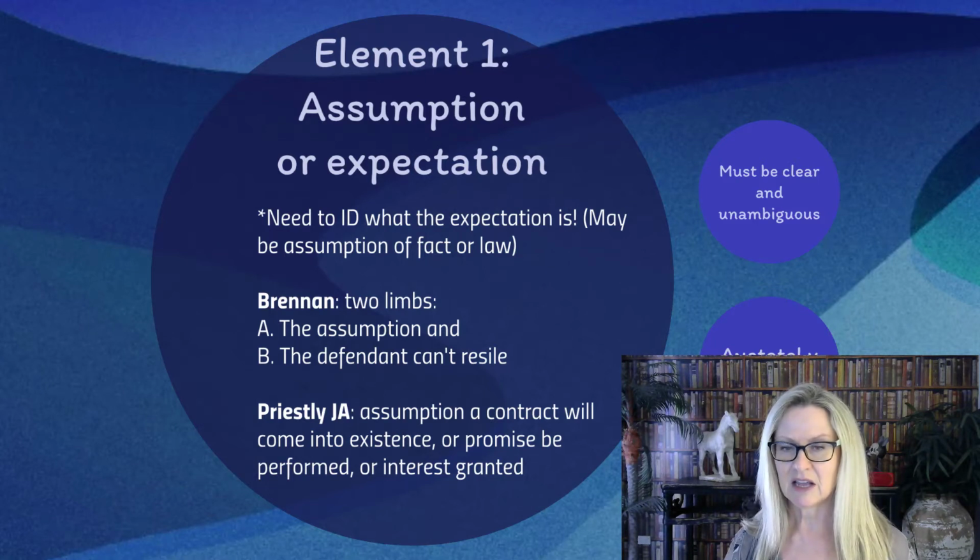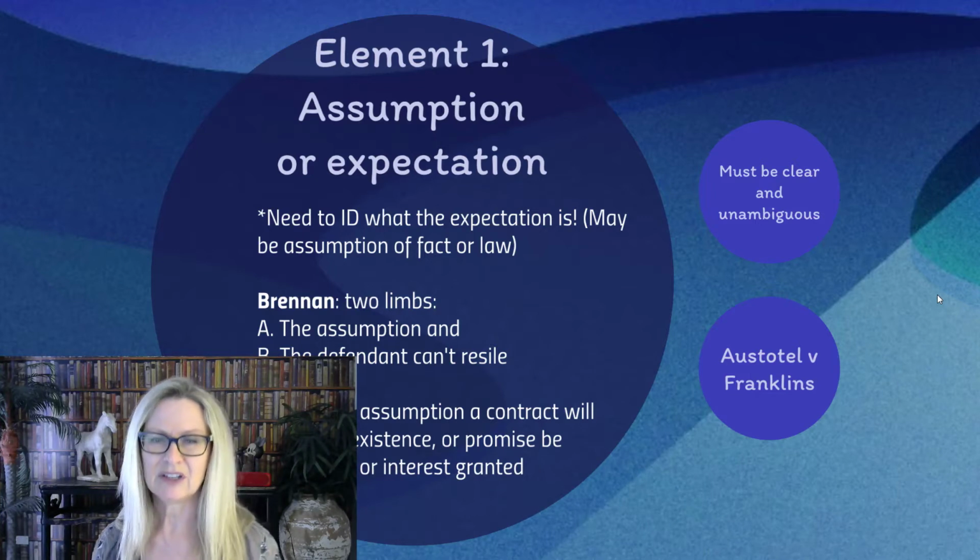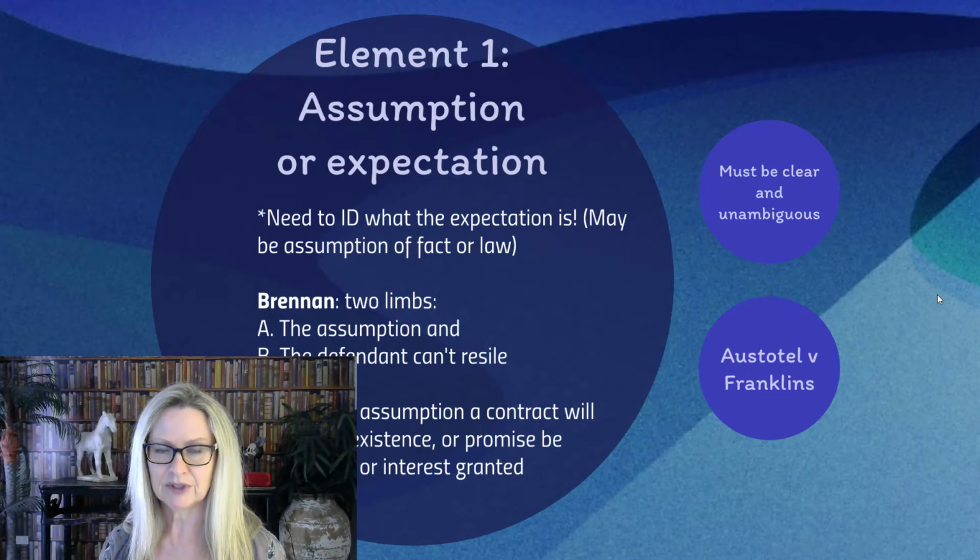In that case, there was an interest in a lease. Priestley's formulation of the first element drops away that second limb that's implicit in Brennan's decision. I guess that's just a little bit of legal nitpicking that goes on, really, but the gist of the first element is that there has to be some kind of assumption.